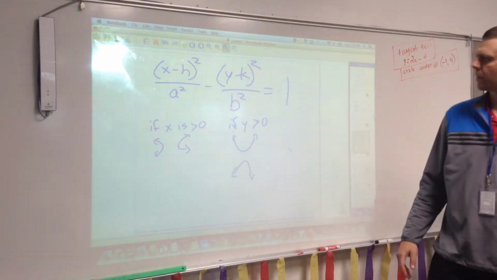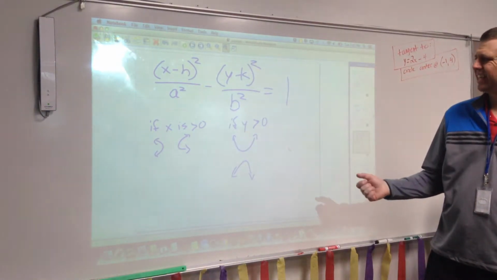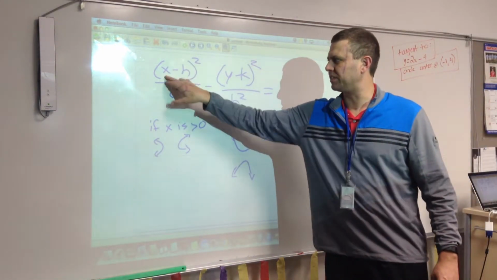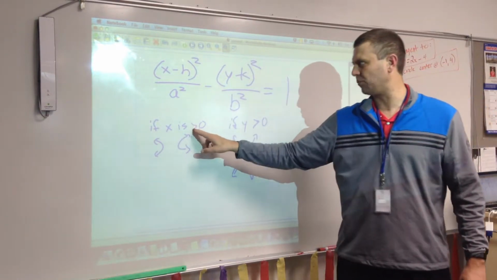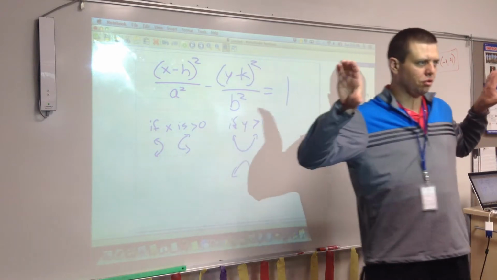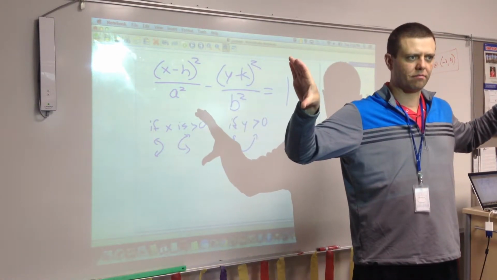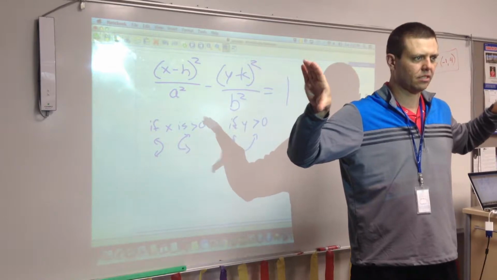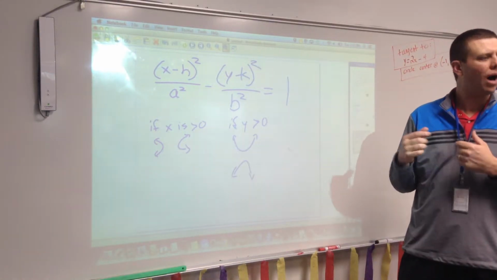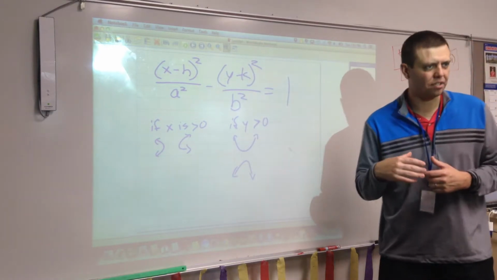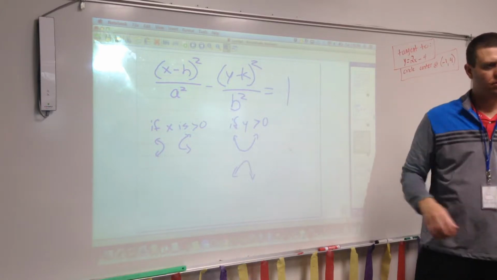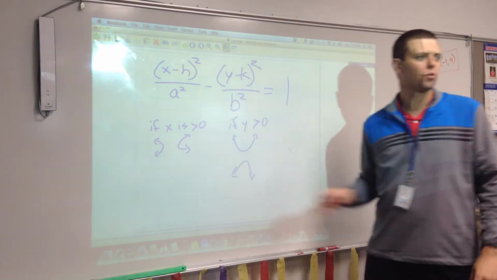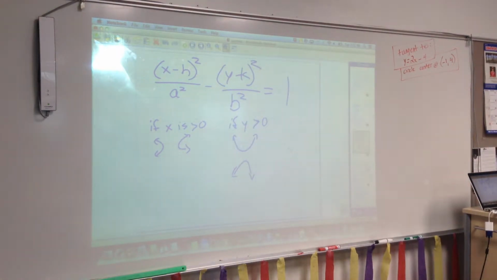Now, if x is the positive one and y is the negative one, the two curves open in the x direction, like this. If it was switched, with y positive and x negative, the curves will open up and down. So you should be able to tell from looking at the equation that it's a hyperbola and whether it's opening up and down or left and right.